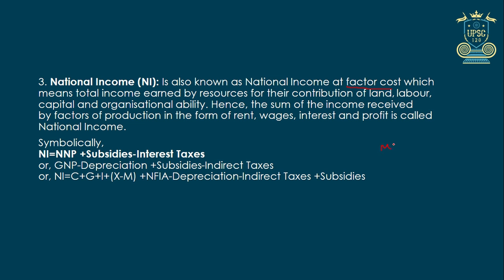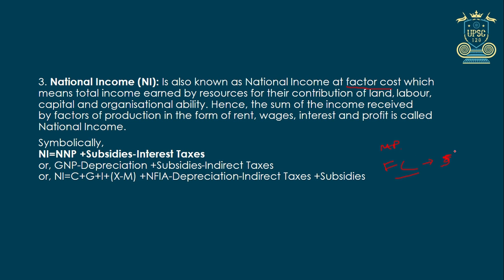Factor cost means the monetary value of the product when it comes out of the factory. Let's take a factory producing a pen, and the cost of production of that pen is 5 rupees. The value of that pen when it comes out of the factory is the price at factor cost.